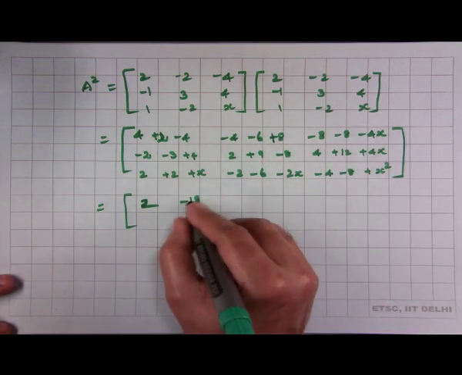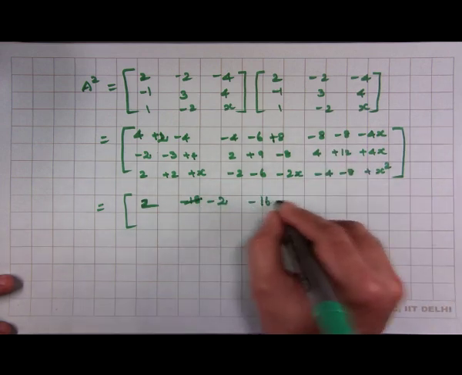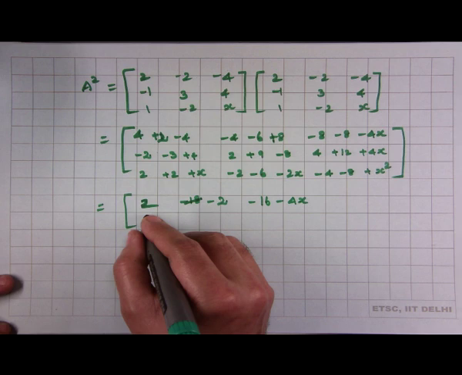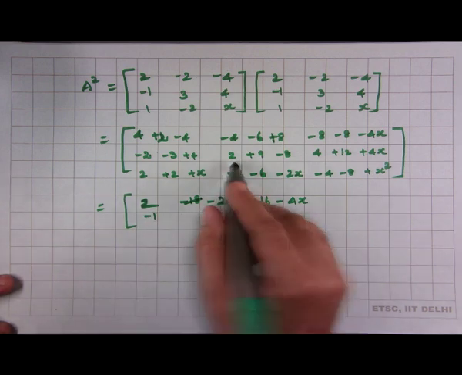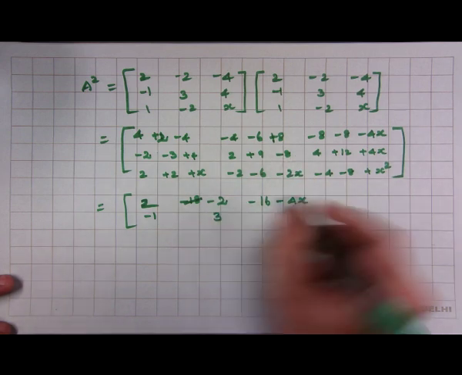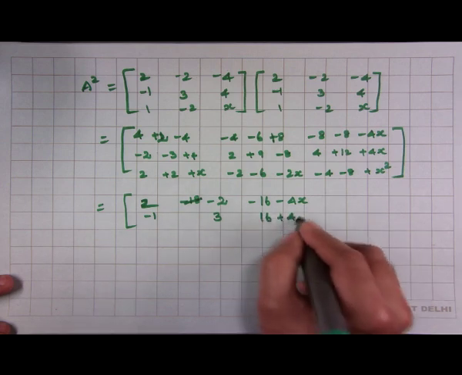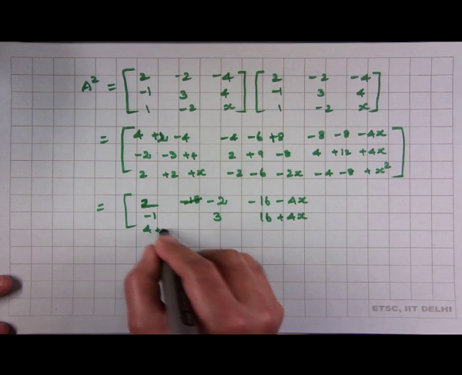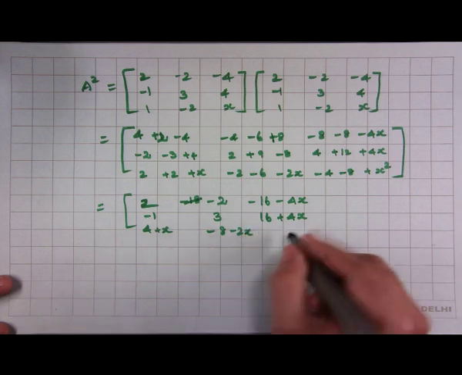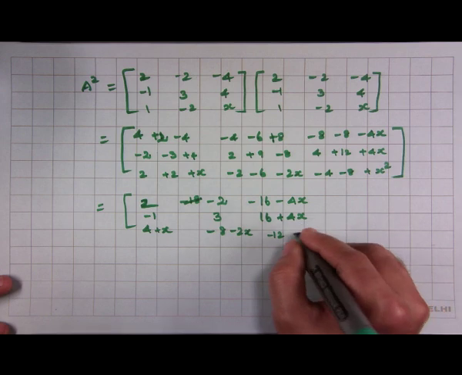So, you have minus 2, minus 16 minus 4x, minus 5 plus 4 is minus 1, 11 minus 8 which is 3, 16 plus 4x, 4 plus x, minus 8 minus 2x, minus 12 plus x square.